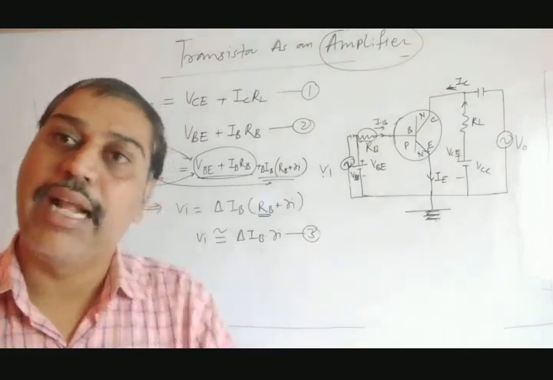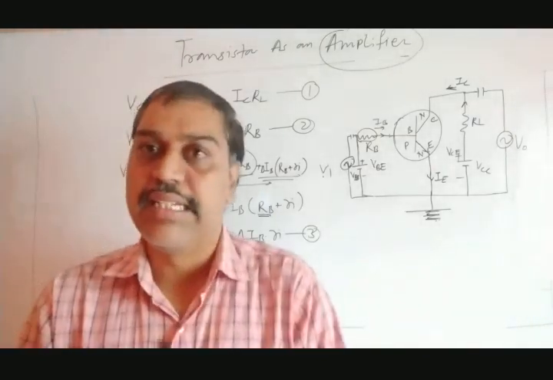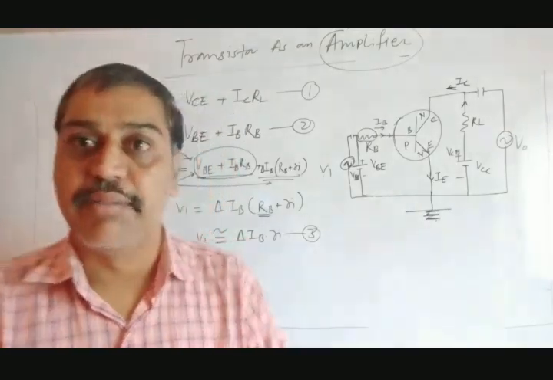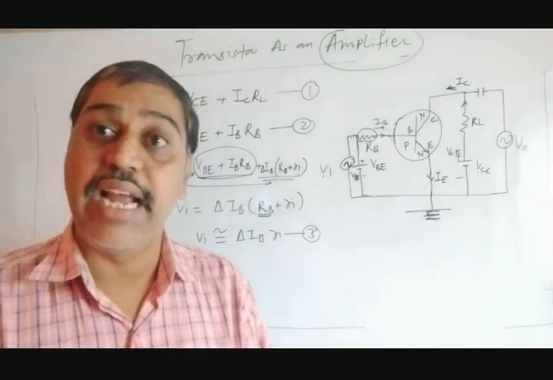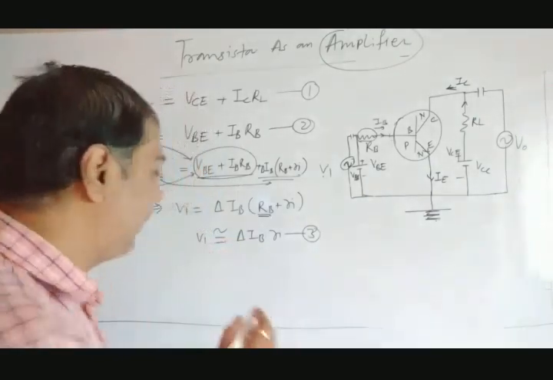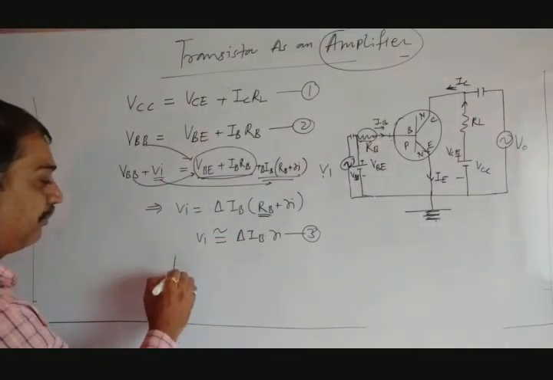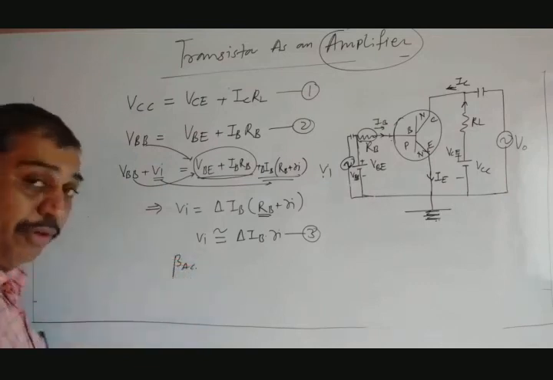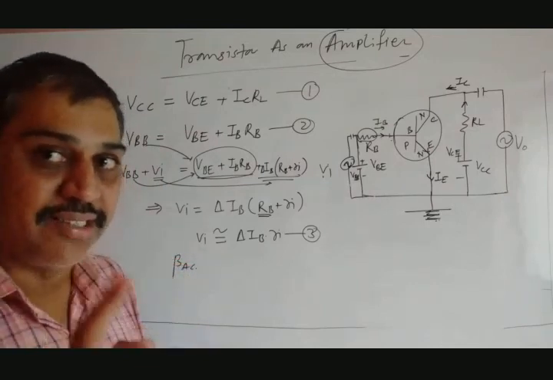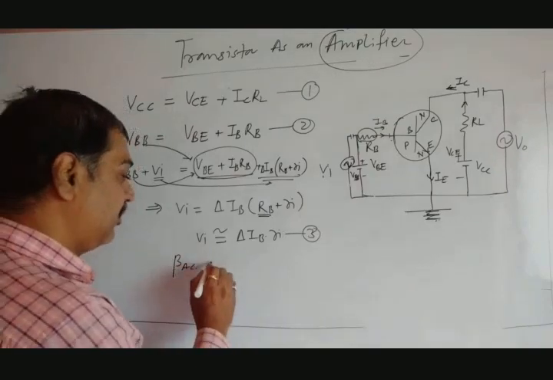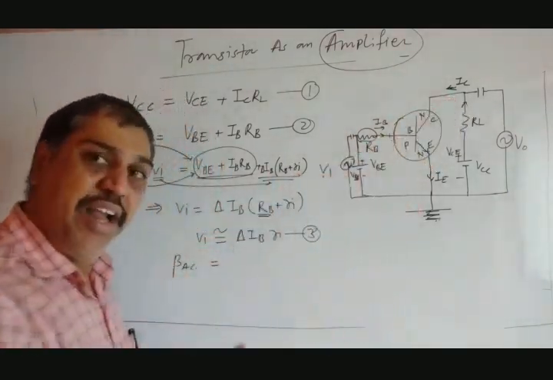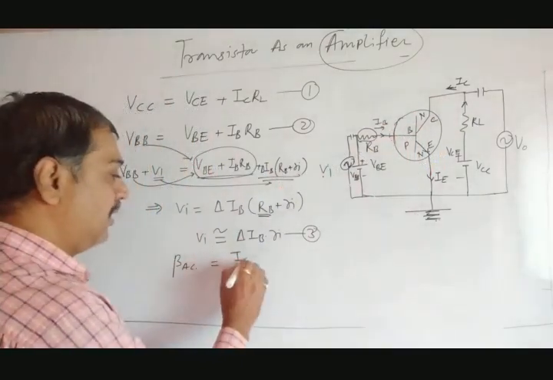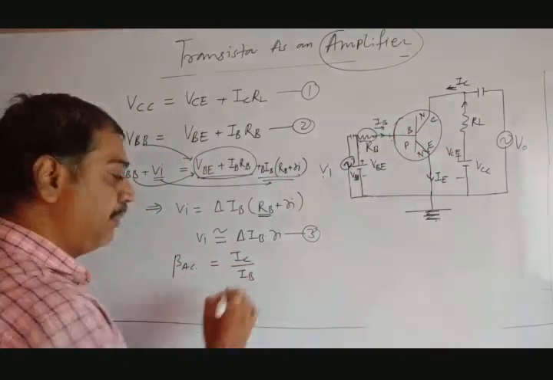After that, if you remember, we have learned the DC current gain. Similarly, here there is one parameter that is said to be the AC current gain, represented by beta AC. Initially we have seen beta DC; here it is beta AC. So what is this beta AC? Like DC, it is output current divided by input current, so IC divided by IB.